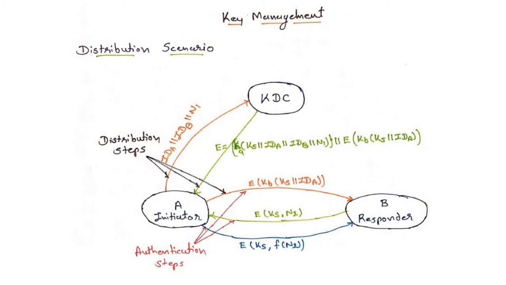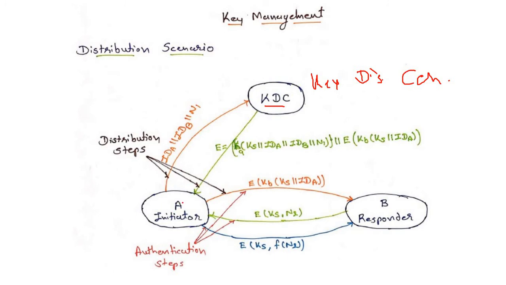In the key distribution scenario, that is our key distribution center, KDC. We will identify the key distribution center by the short form KDC. Get it? So that is the initiator of the two parties.